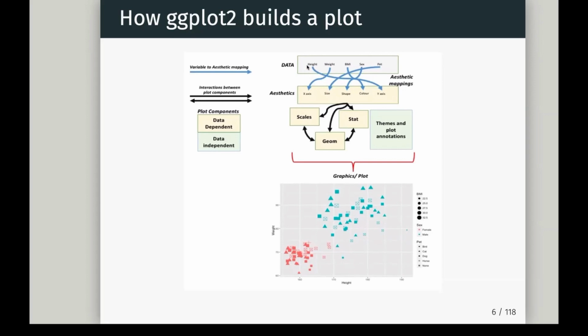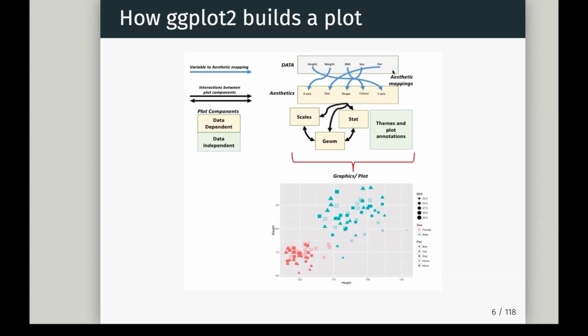Okay, so in this case, we could map height to the y-axis, weight to the x-axis. Maybe if you have different pets, I'm going to give you a different size of point. Doesn't really make sense. Maybe pet should be shape. But then BMI, maybe color, sex to shape in this case. Okay. So we can map various elements from our data frame, our data itself, columns, to various features of our plot.